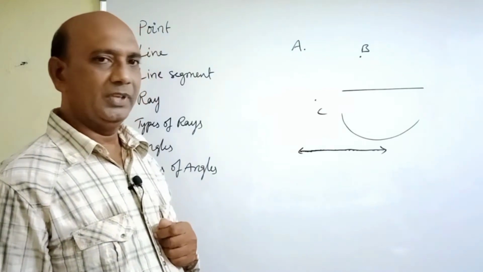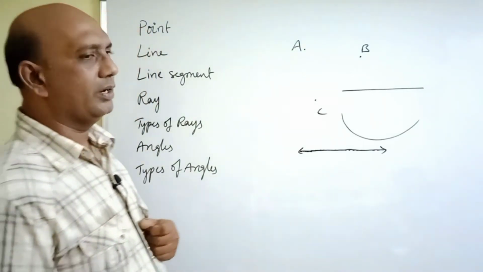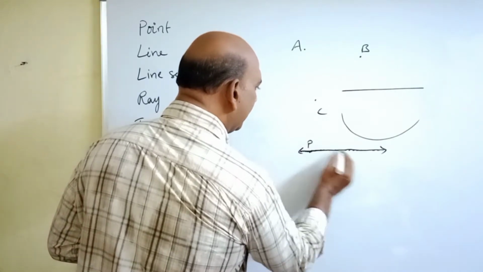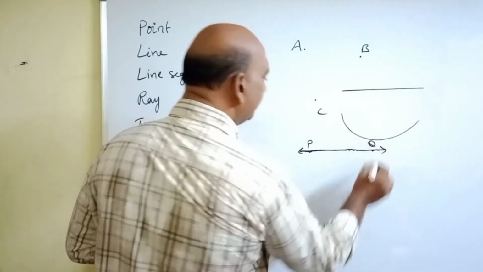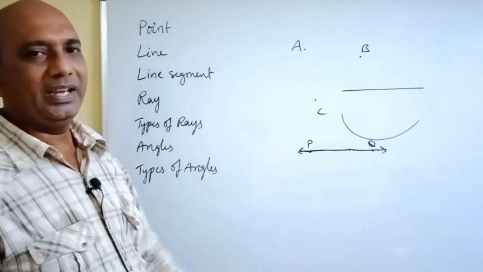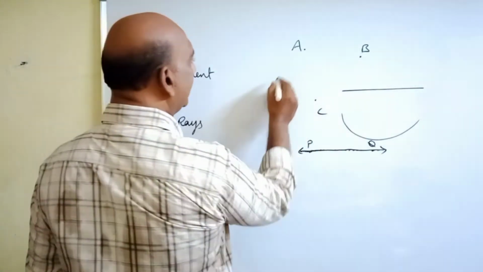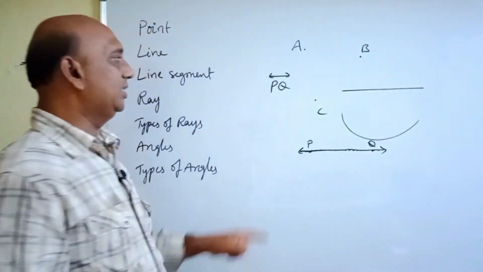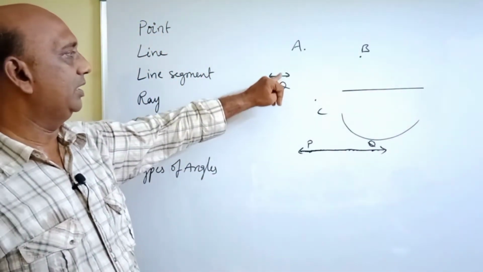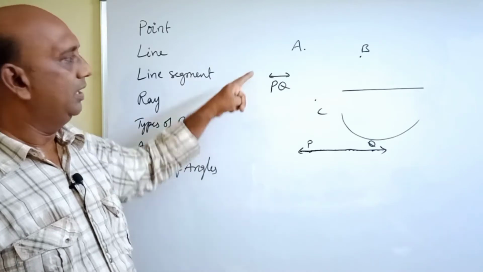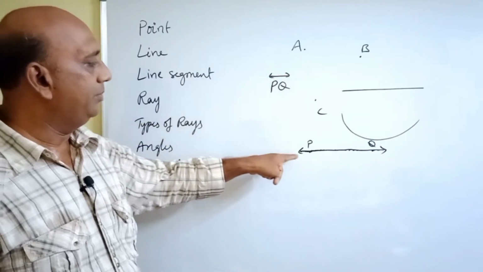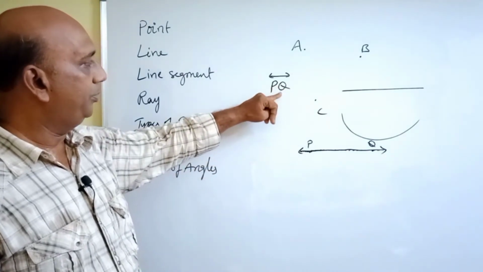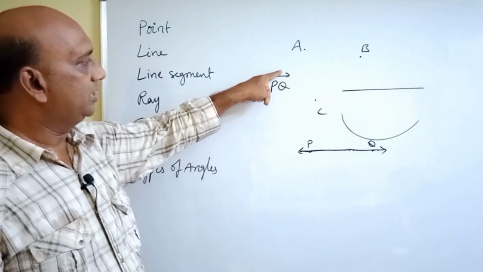Generally, lines are denoted as follows. Let us take a point here, P, and here, Q. This line is indicated as line PQ, with a symbol on the top of these two letters. Line means it extends indefinitely on both sides. That's why on top of PQ we indicate this line symbol.